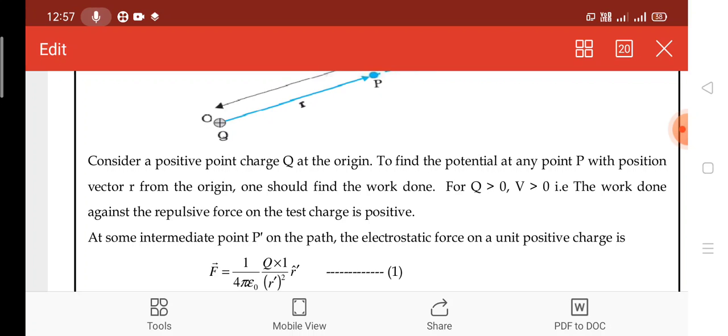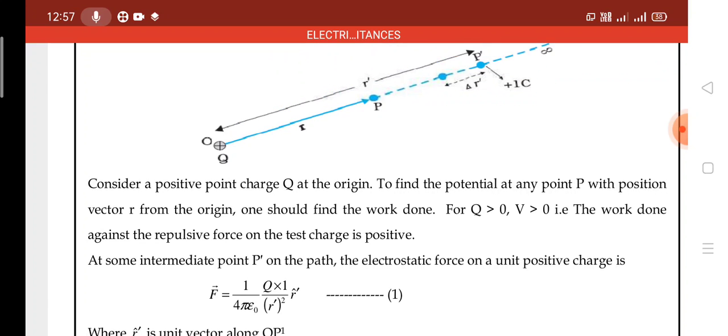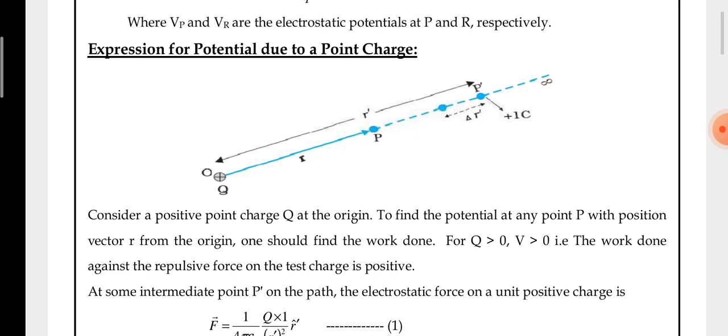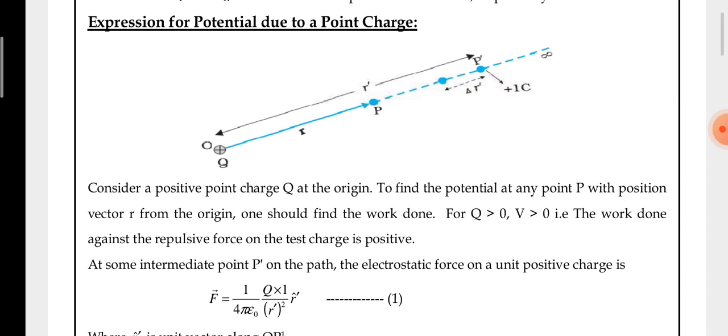So here we take a charged particle of plus 1 C, 1 means unit, 1 coulomb of charge, brought from infinity to a point P as shown in the figure.